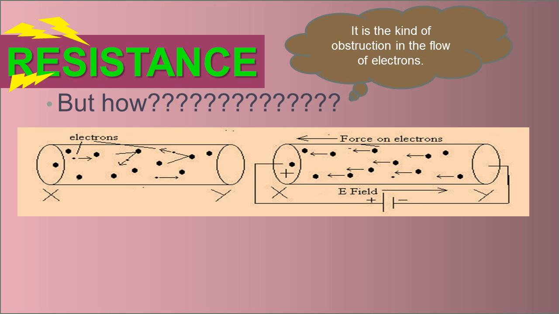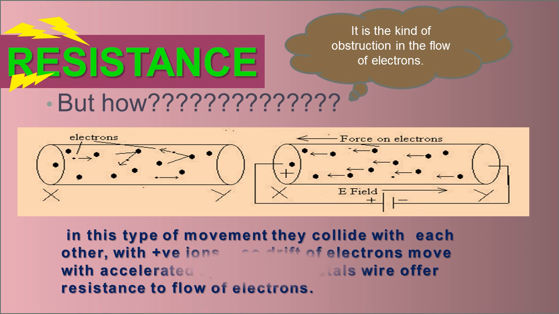But when we place a cell across the ends of this wire, the electrons get a perfect direction of movement. They migrate towards the positive terminal of the cell. In this movement, they collide with each other and with the positive ions coming in their path. So the drift of electrons moves with accelerated speed. Thus the metal wire offers resistance to the flow of electrons.